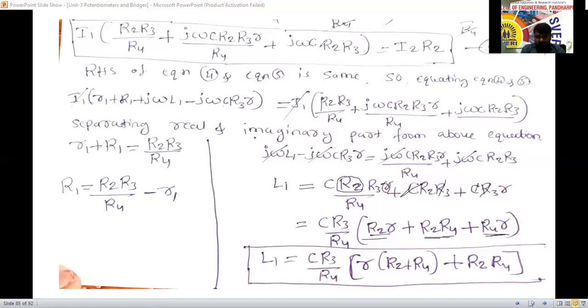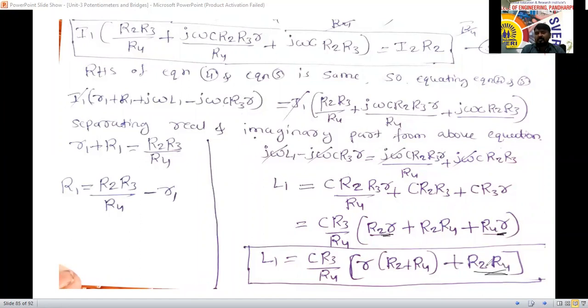From these two terms, R is common here, here also R is there. So R will be taken outside here now, R2 plus R4 plus R2 into R4.